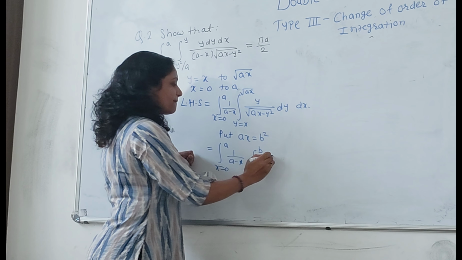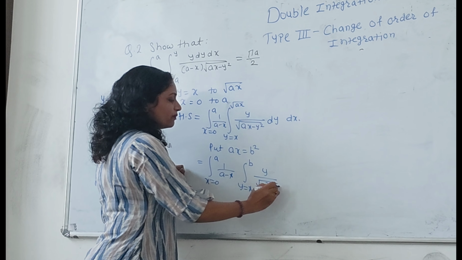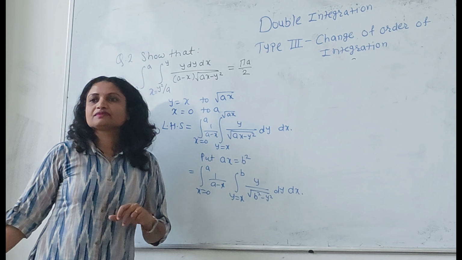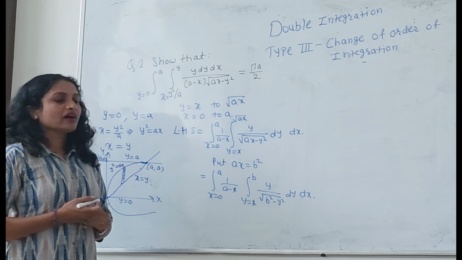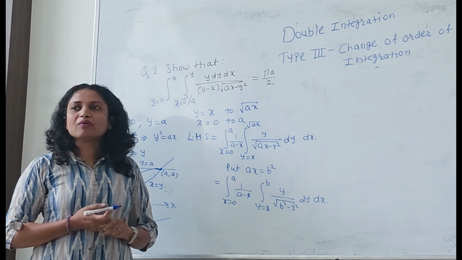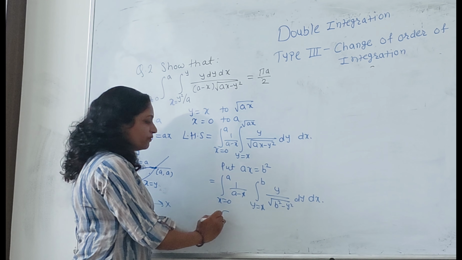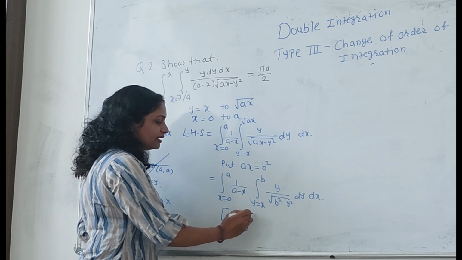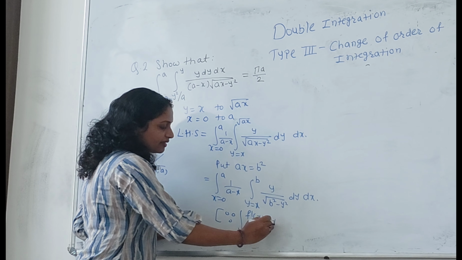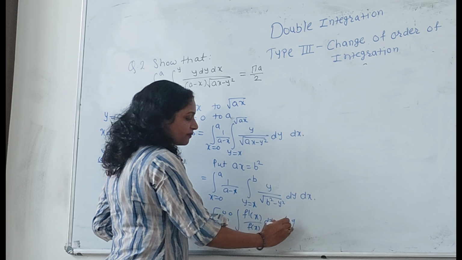The integrand is y upon root of b square minus y square dy and then dx. Now further, to integrate this, which formula will be used? f dash upon f. We know the formula: integration of f dash of x upon f of x dx is equal to what? Log of f of x.